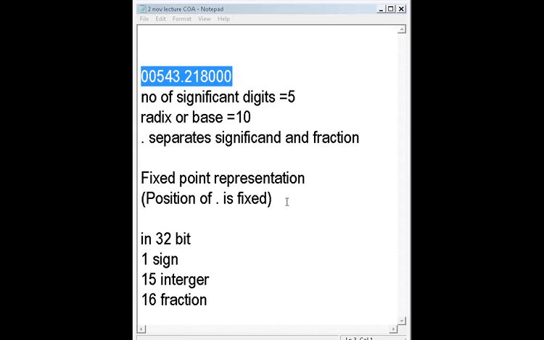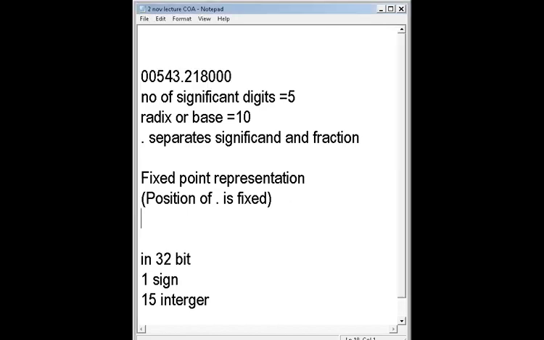For example, the same number above can be represented as 5.43218 into 10 to the power 5, right? So this is the scientific notation of the decimal number.